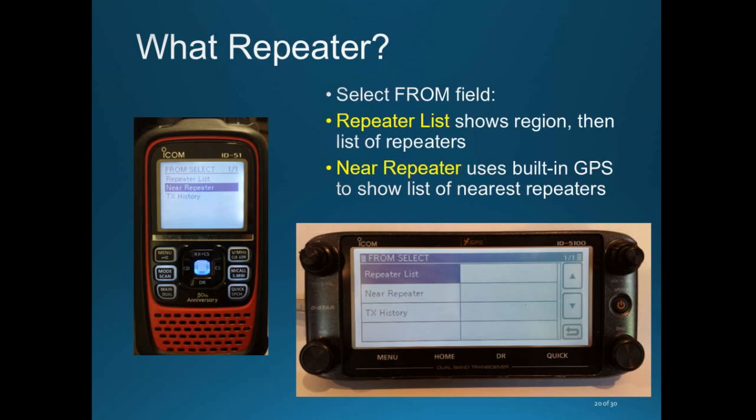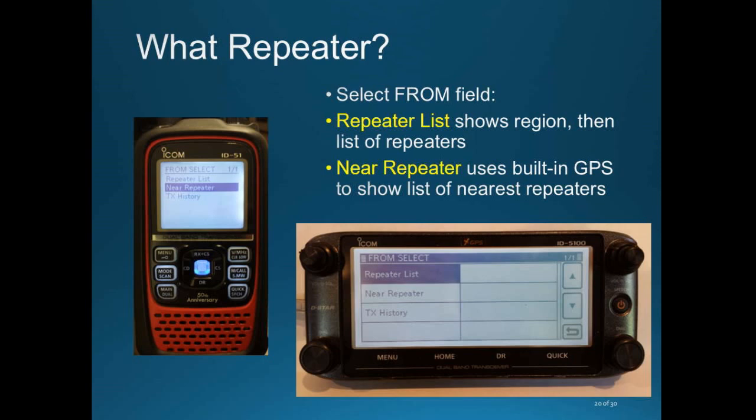Most important thing is to say how far away it is. So if it's 50 miles away, probably not going to do you much good, right? If it doesn't give you that list, you probably don't have GPS lock. All right? That's the fast way.